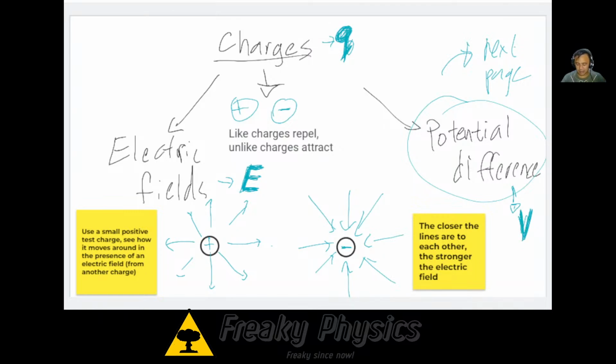Another question. So positive, its direction is always outwards, and an electron is always inwards. Any negative charge, the electric field will always be inwards. But what if it was another electron, if it was two electrons?